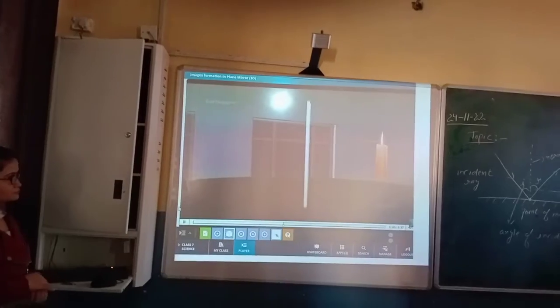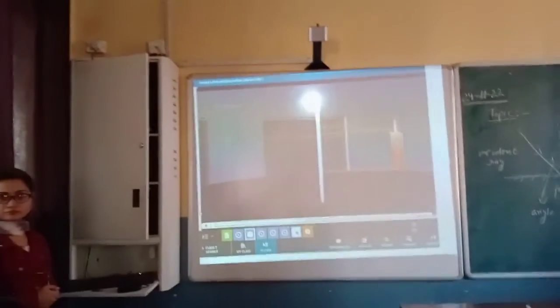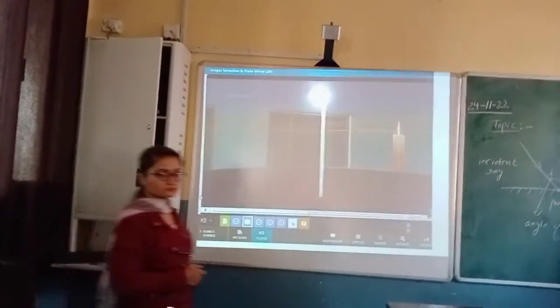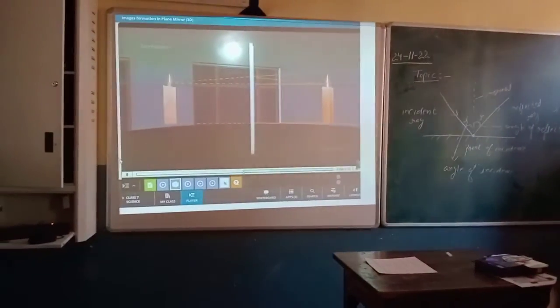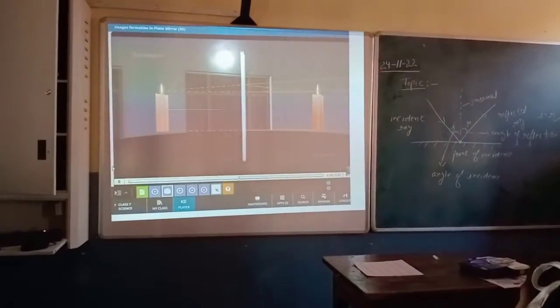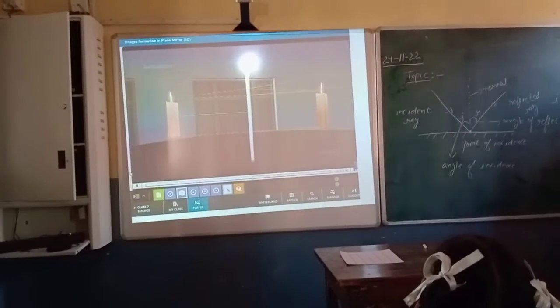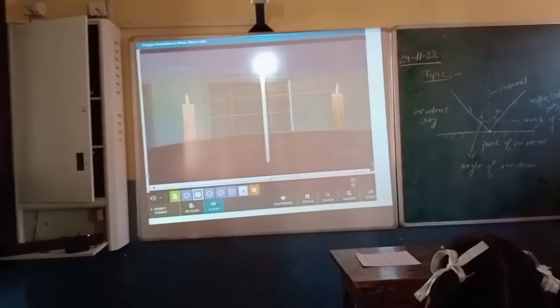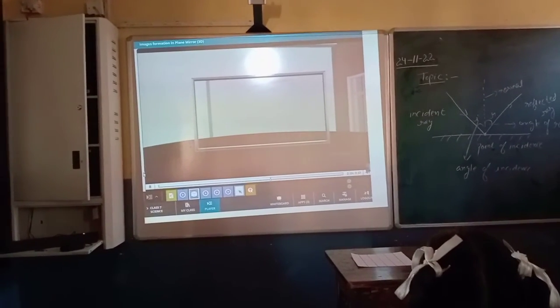The rays from the candle will strike the mirror's surface at different angles and be reflected. If we projected the reflected rays behind the mirror, they would converge at a point, forming a virtual image. The distance between the virtual image and the mirror will be the same as that of the distance between the object and the mirror. Although it is upright, an image in the plane mirror will be laterally inverted.